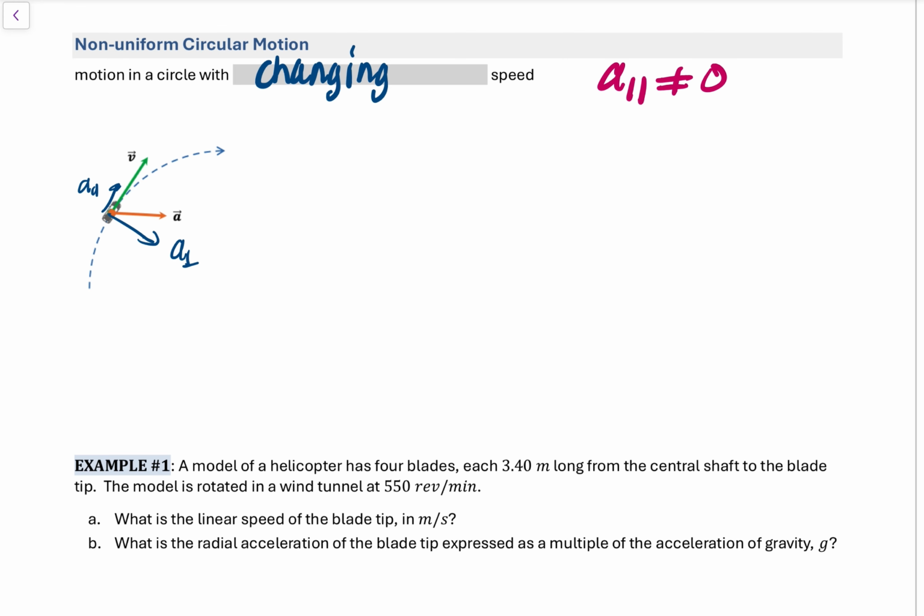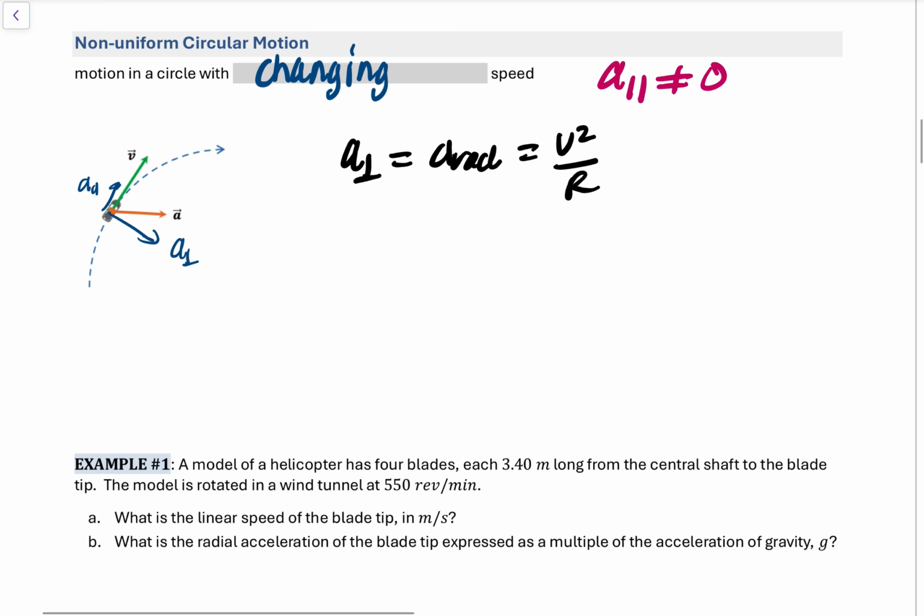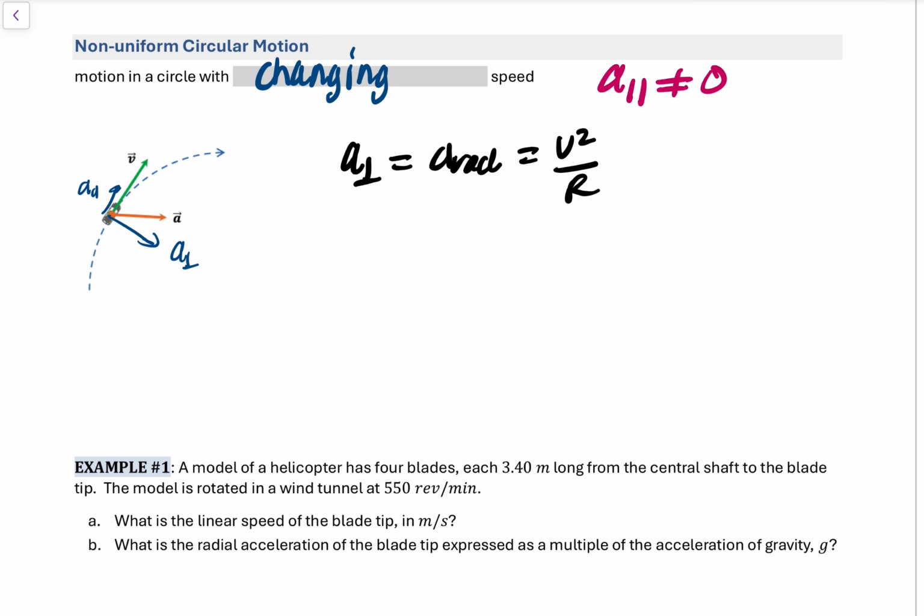Our a perpendicular is still that a rad, that radial acceleration, and so this is still equal to v squared over r. Again, kind of like projectile motion, where we can think about our x and y directions independently, we can think about our accelerations and how they impact velocity independently. The perpendicular piece is a rad, equal to v squared over r.